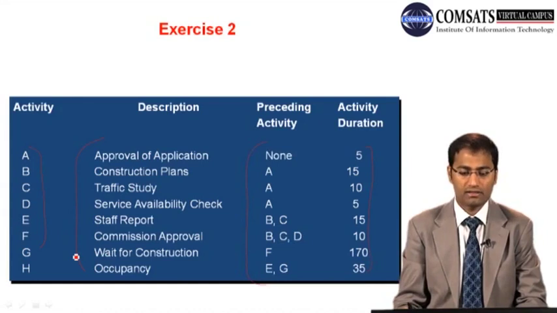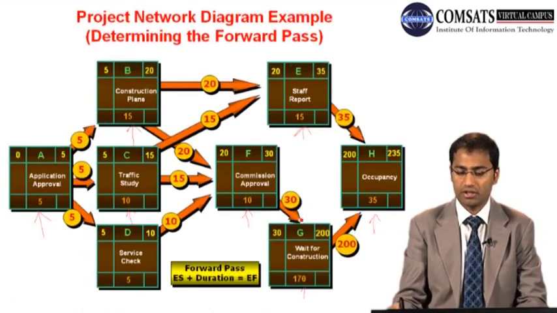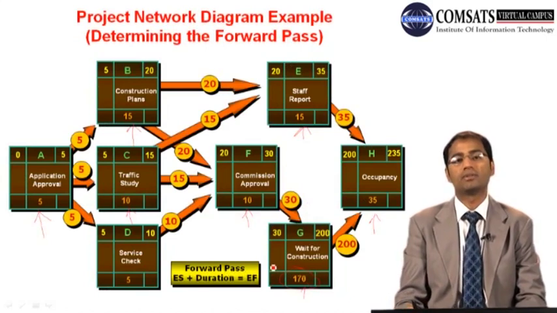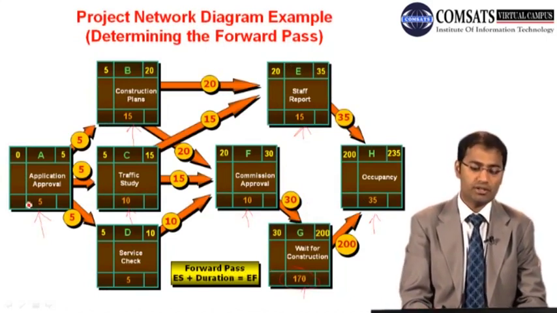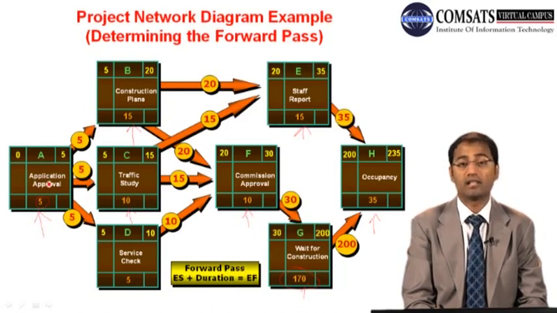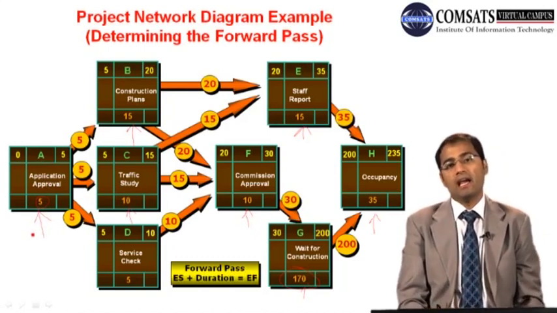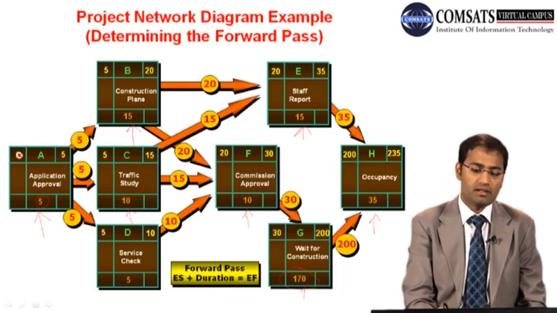So over there, G is 170. These are the durations. Put the durations over there after writing A and the descriptions, and then start with 0. Put a 0 over there.